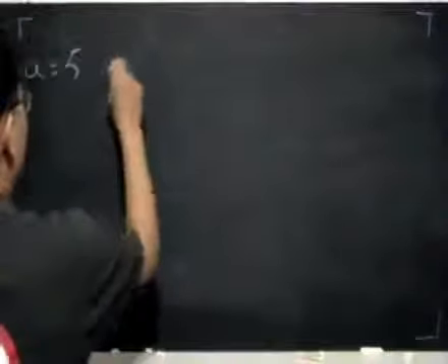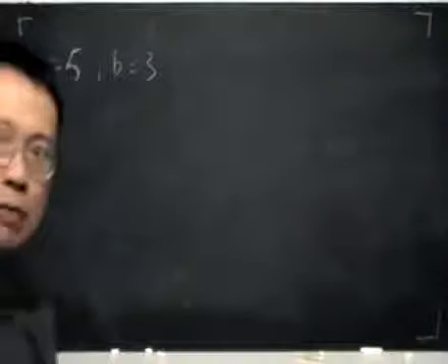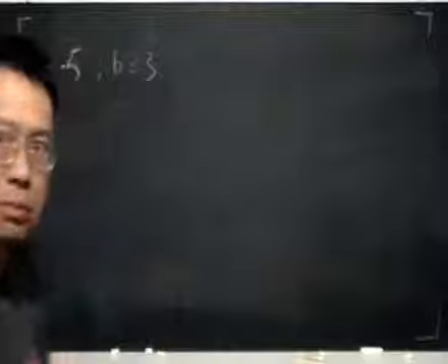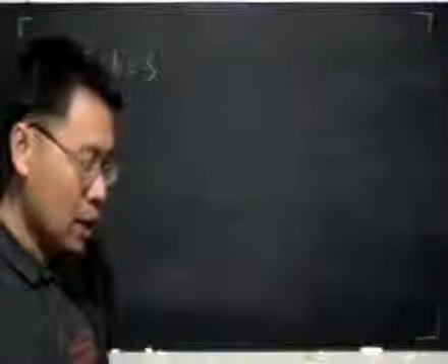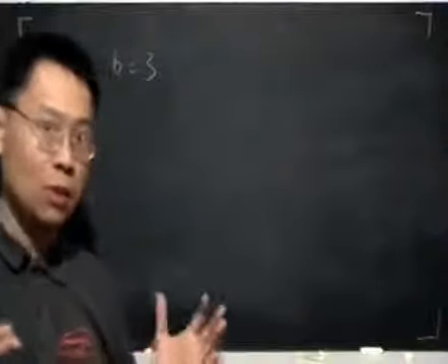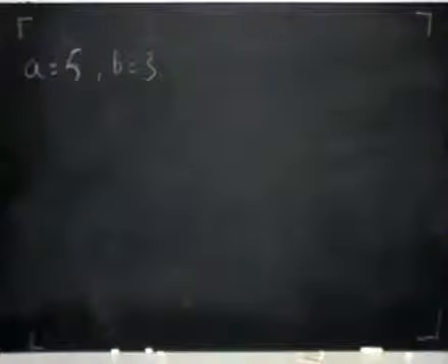So for example, let's make up another letter to represent the number 3. So now I have two symbols, A and B, and each of them represents a number. Now what would I do if I want to add these two numbers?